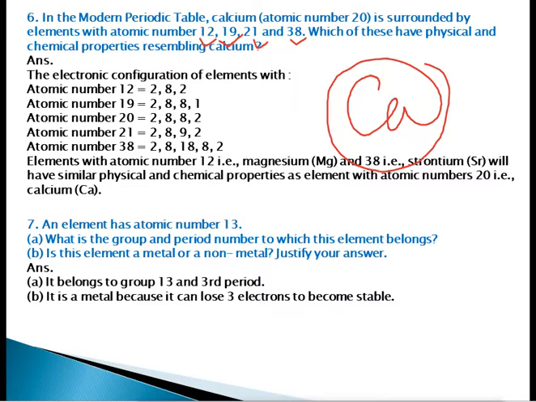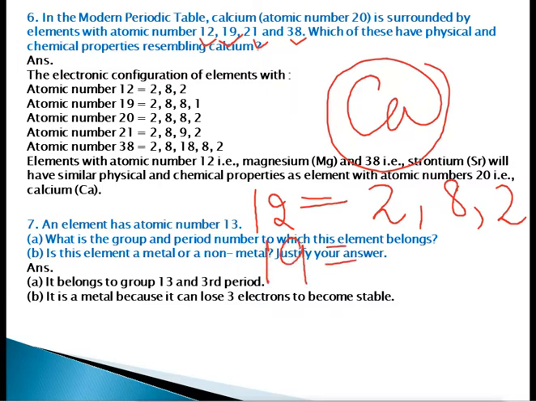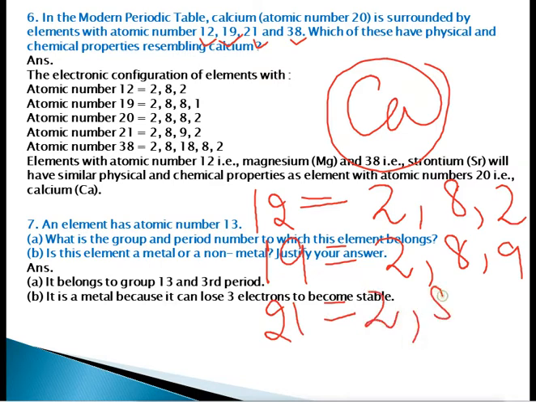First of all, we have to write the electronic configuration. For atomic number 12, we write 2, 8, 2. For 19, it is 2, 8, 8, 1. For 21, 2, 8, 9, 2.